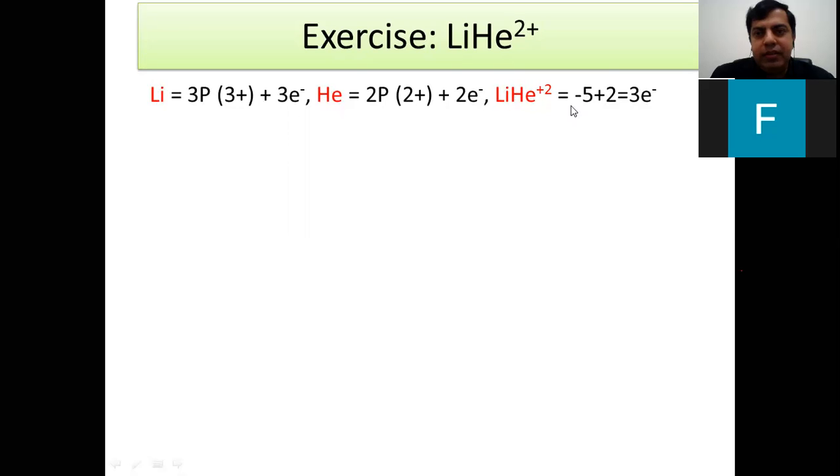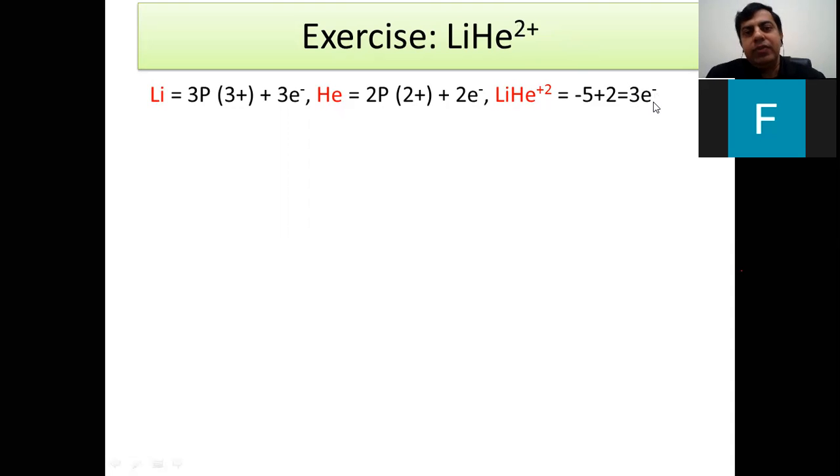And that means there are -5 electrons plus +2 is the charge on this lithium helium ion, and the total number of electrons will be 3, because this is going to cancel out the effect of the two electrons, and then the net charge will be -3.